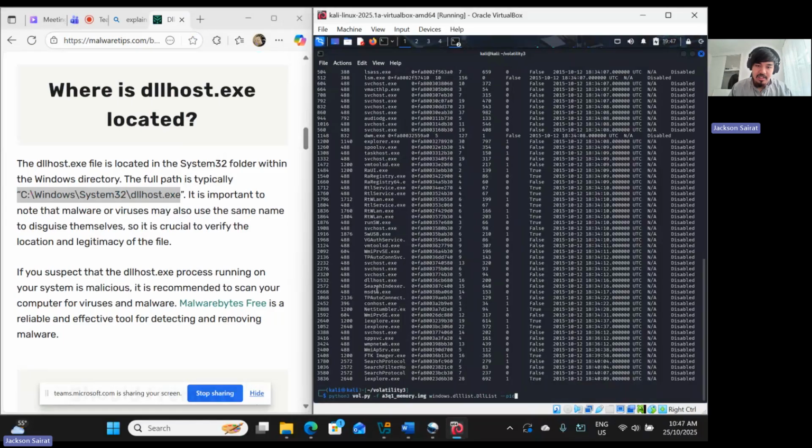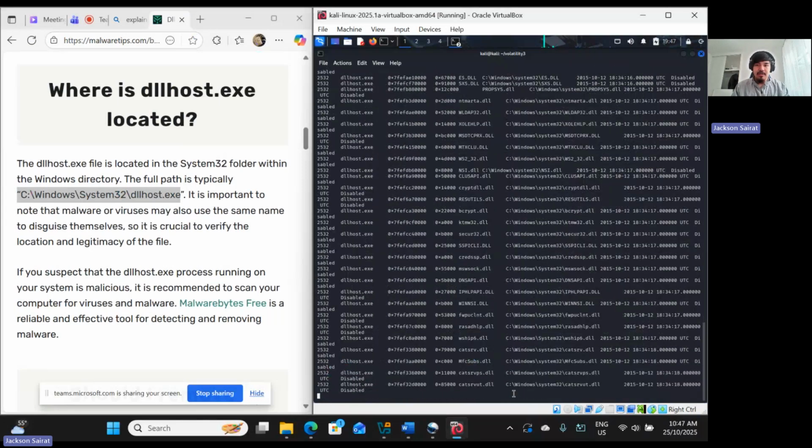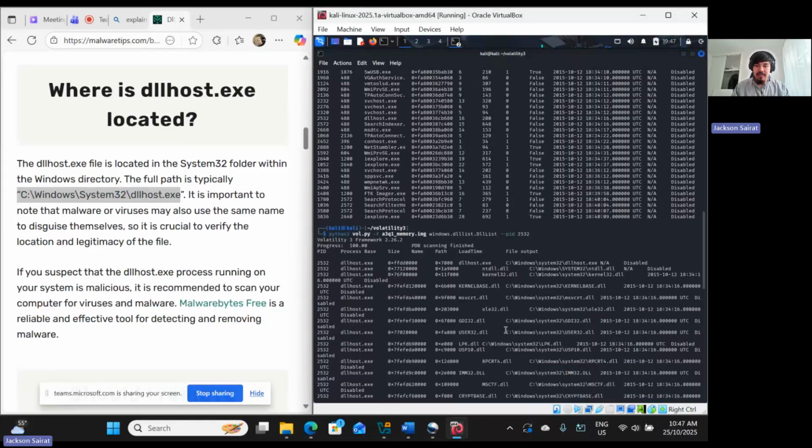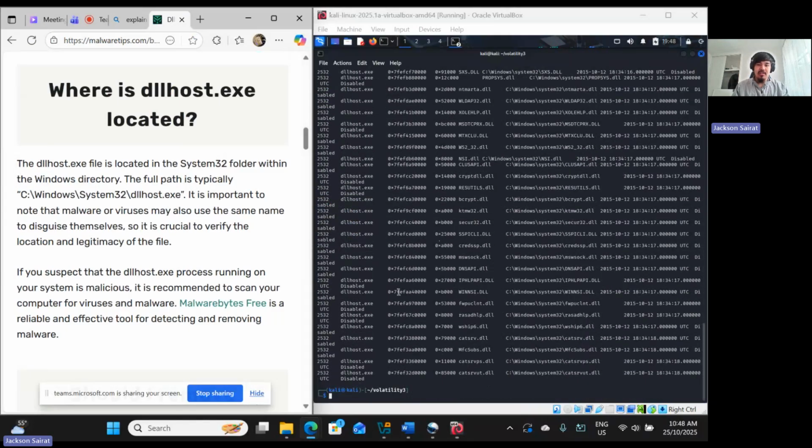In this case, it is dllhost, which is 2532. That gives us information on the file path of that process. Right now, it's in Windows System32 dllhost, which is exactly where it should be. Therefore, this is not suspicious.